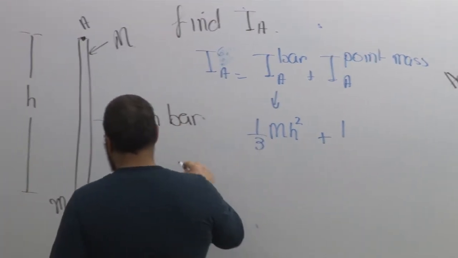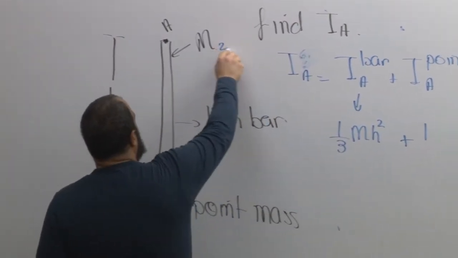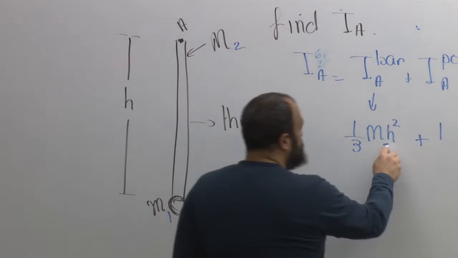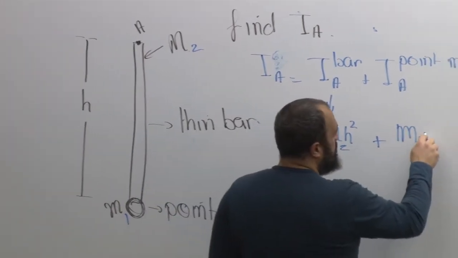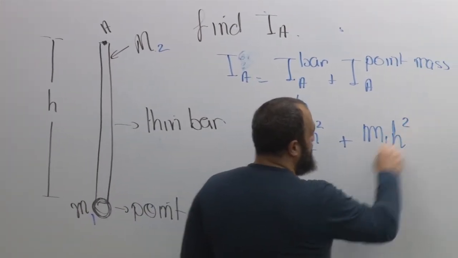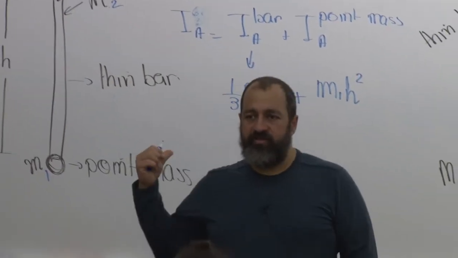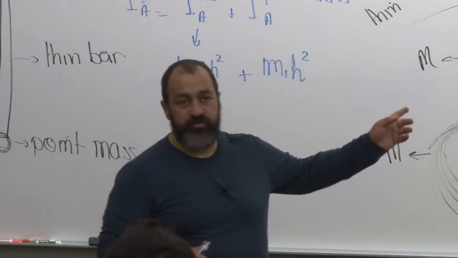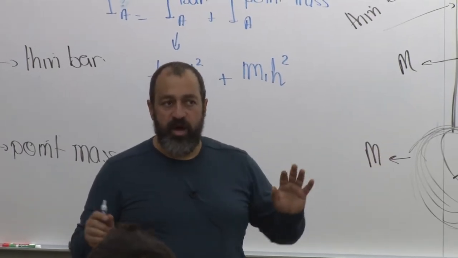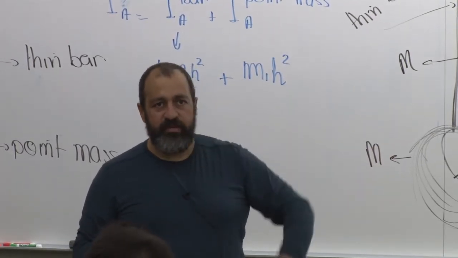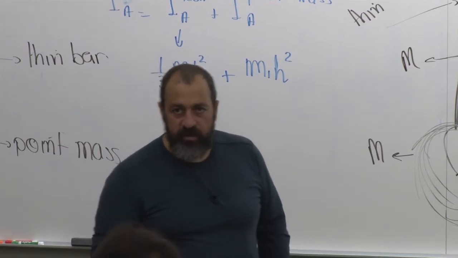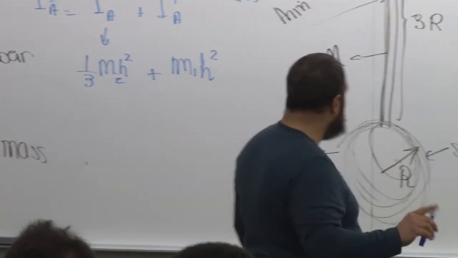So we'll call this M1 and this M2, so plus M2 r squared plus 1/3 M1 H squared. That's the moment of inertia of that system. We need this for an example that we'll do right after introducing angular momentum.